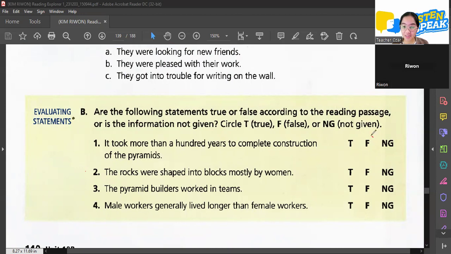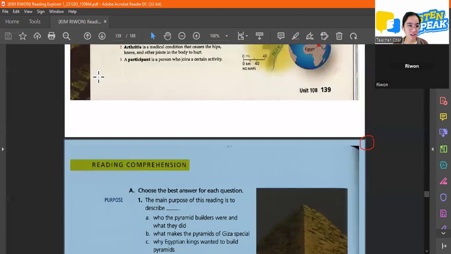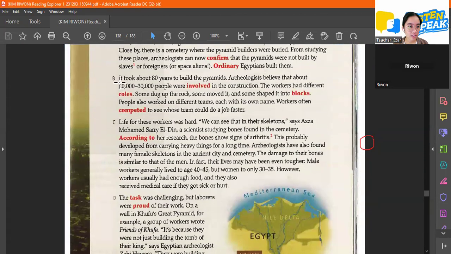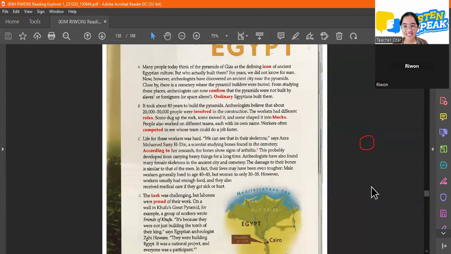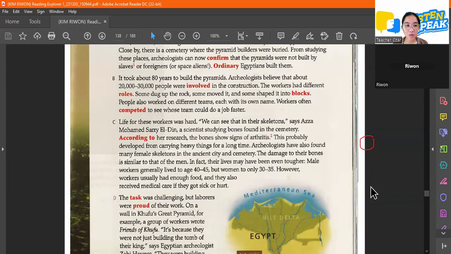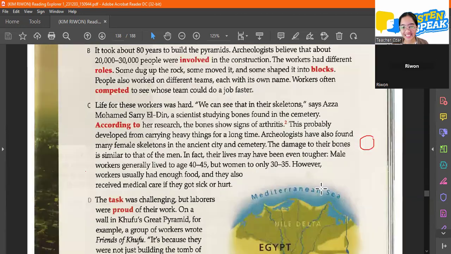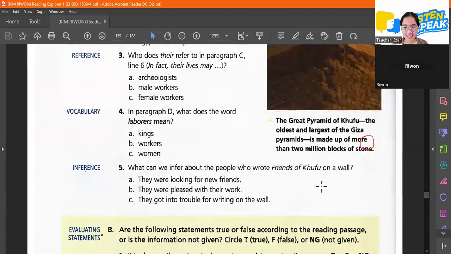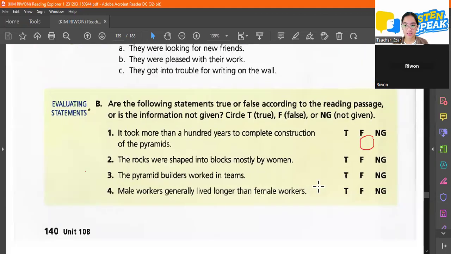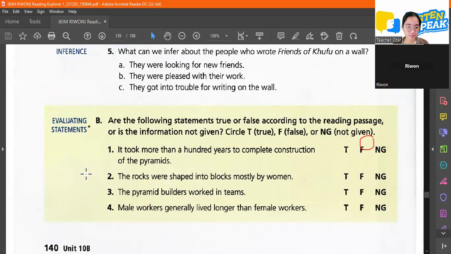It's false because it was built in about 80 years only. Oh, really? Yes, as far as I remember, it took about 80 years to build the pyramid. I remember the people, 20,000 to 30,000. Okay, now let's have the next one. Number 2. Rocks were shaped into blocks mostly by women.